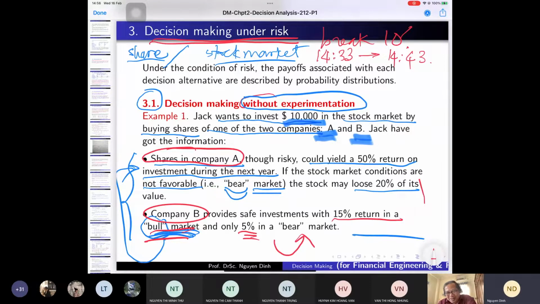I'll ask for some ideas from Vũ Ngọc Khánh Linh. Khánh Linh, you tell me. Which one should you choose? If you have $10,000, which one would you choose? Khánh Linh, are you still there? Hello?